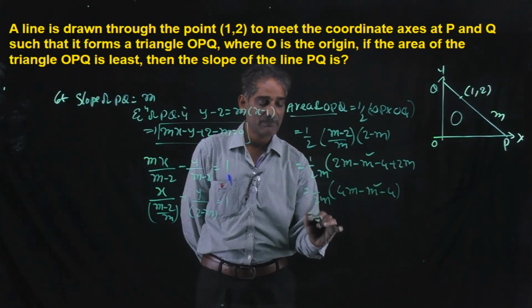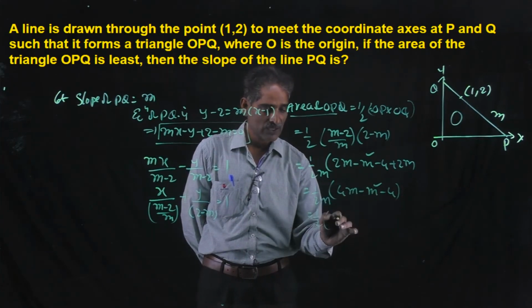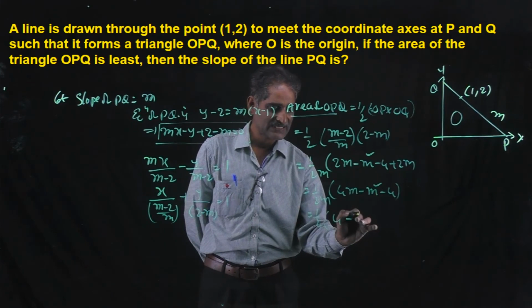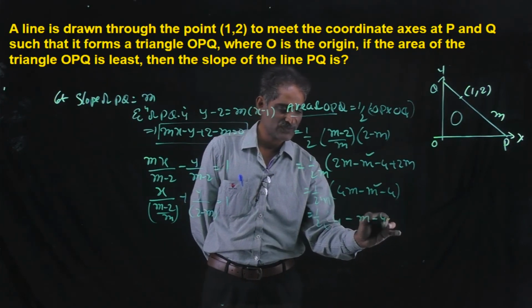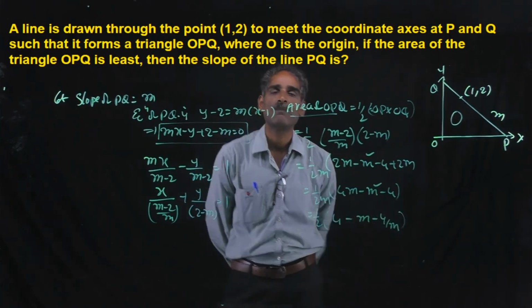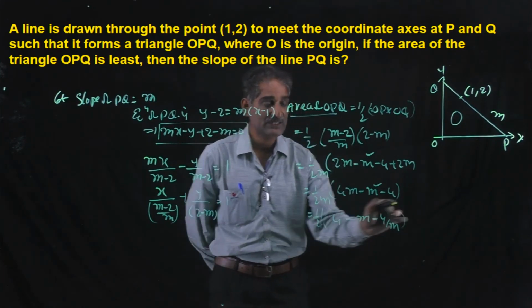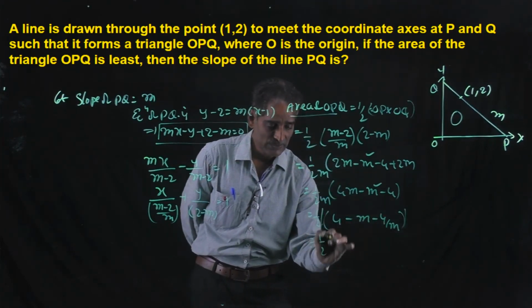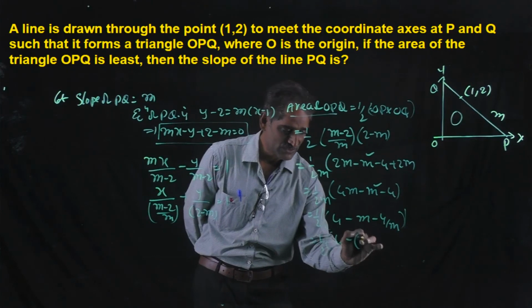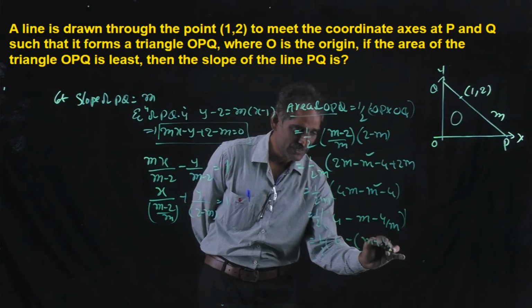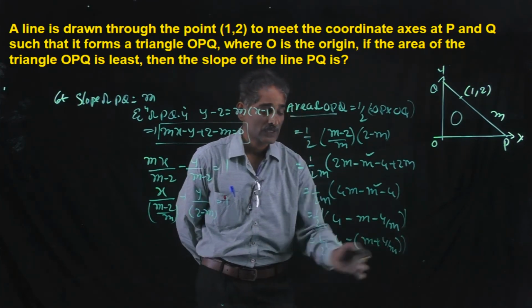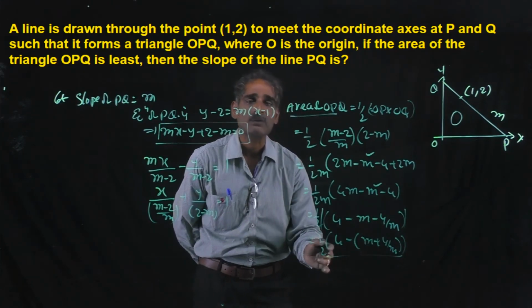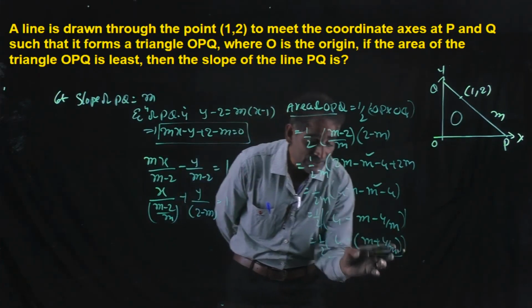Just divide by m. Then what will happen? 4 minus m minus 4 by m. Now the modulus is there. Here it is 1 by 2 into modulus of (4 minus (m plus 4 by m)). If it is minimum, at what value of m does it get the minimum value?